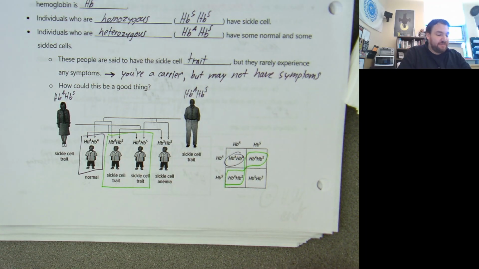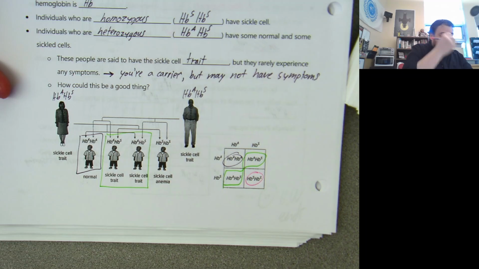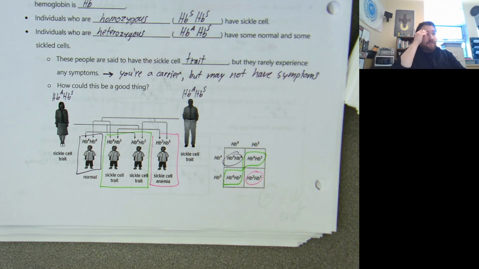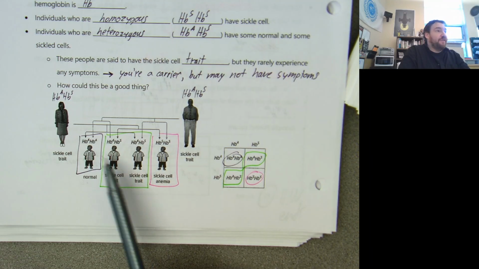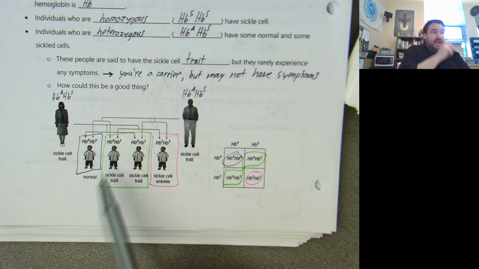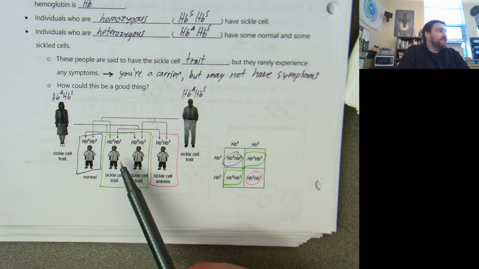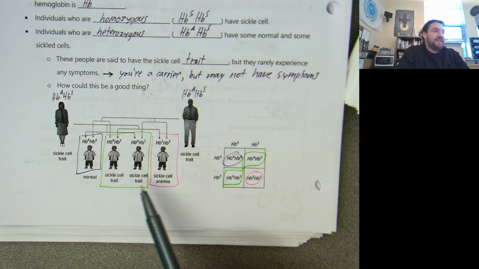And only 1 in 4, 25% of your offspring would actually have full-blown sickle cell anemia. So if you were heterozygous and you ended up with someone who was heterozygous, there's a 75% chance your child is going to be totally fine. They might have the trait but no symptoms, or they might not have anything at all. But there's going to be a 1 in 4 chance.